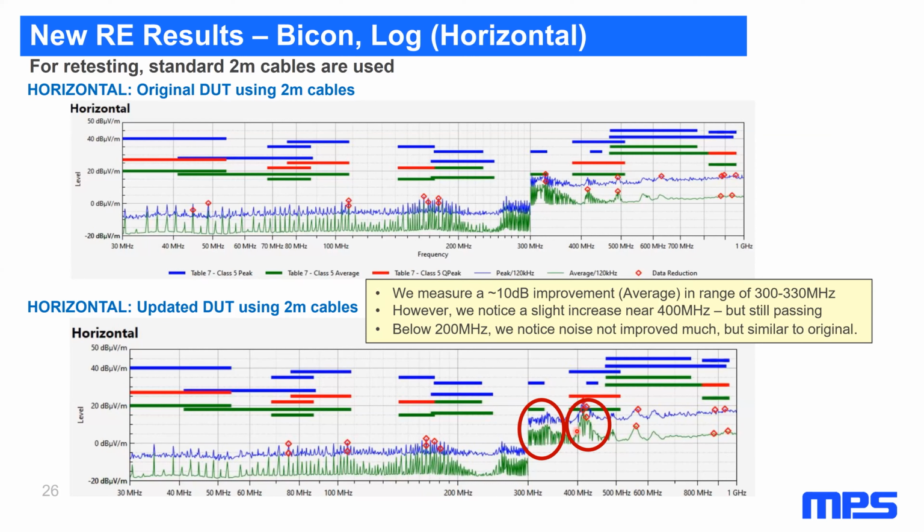But one trade-off that we see is that the noise just above 400 megahertz looks like it went up a little bit. Fortunately, it's still passing, and there's still a little bit of margin there, but it's something we should note: fixing it in this range actually made it a little bit worse in this range. And then again, below 200 megahertz, we see about the same level of noise.